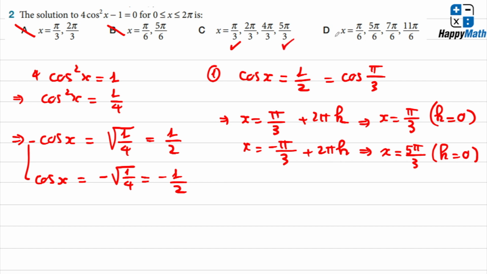And question D, you have no pi over 3 or 5 pi over 3. From here, you can see that after solving the first equation, only C will be my final answer, because A, B, and D have no pi over 3 in the solution. That's why you got C for question 2.